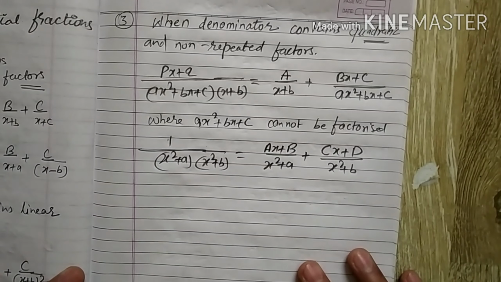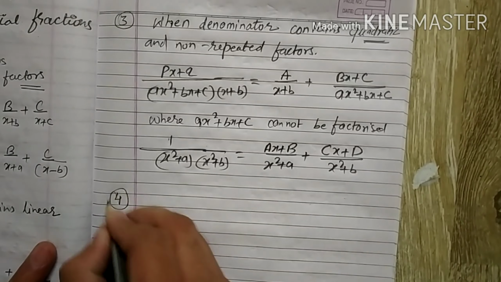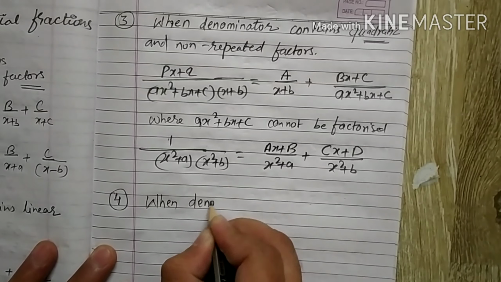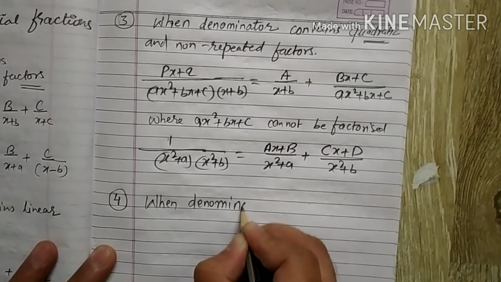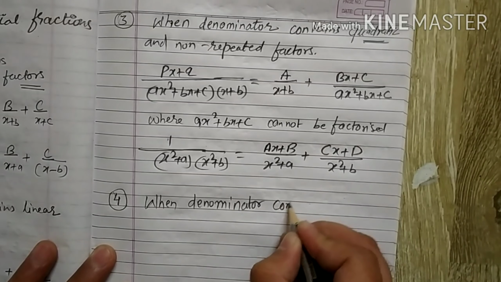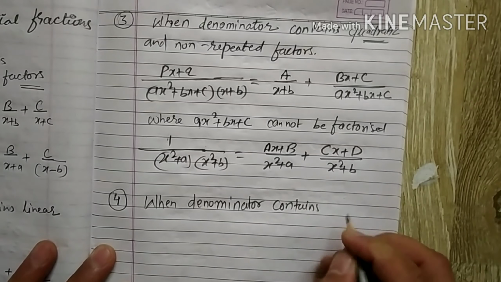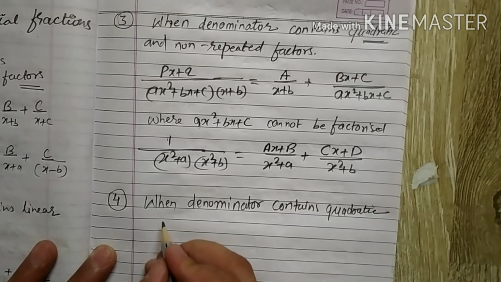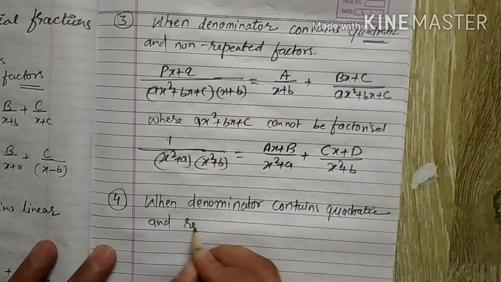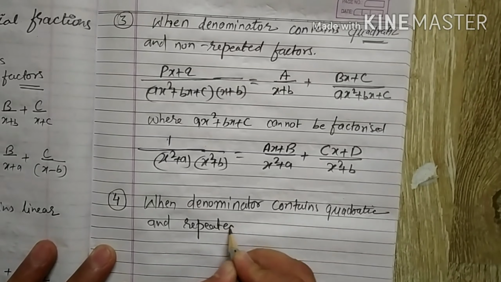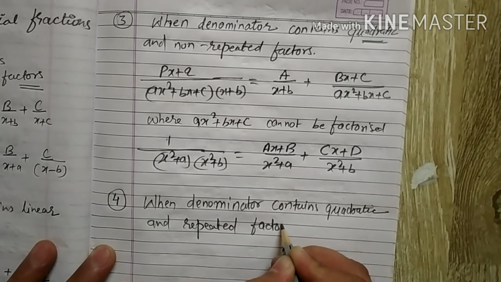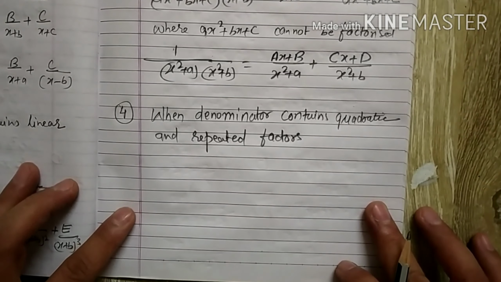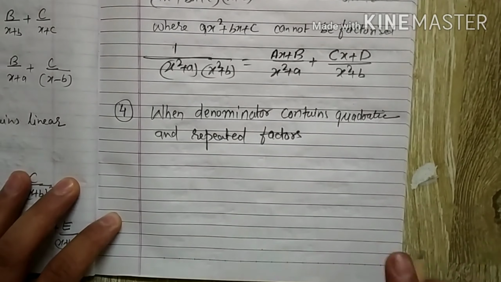So we understood 3 cases. Now I am bringing the fourth case, when the denominator contains quadratic and repeated factors. Suppose in the denominator we find quadratic factors which are repeating.